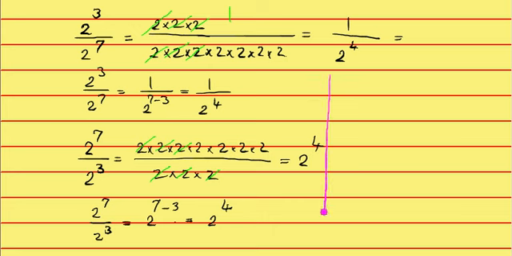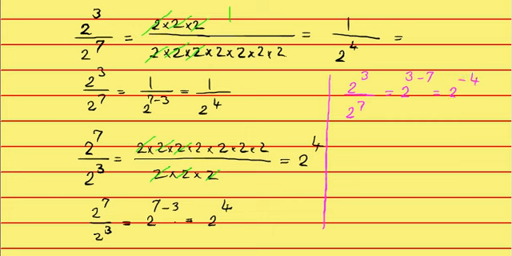Suppose I have 2 cubed over 2 to the power of 7, and I want to perform it in this style. I would say 2 to the power of 3 minus 7. Well, now the answer is minus 4. What's the problem now?